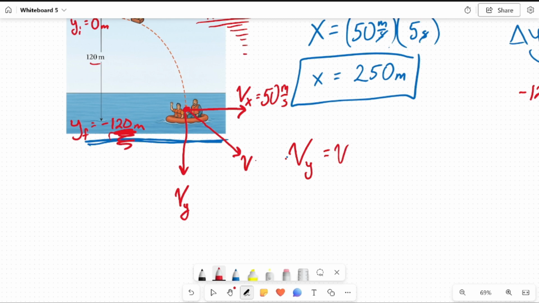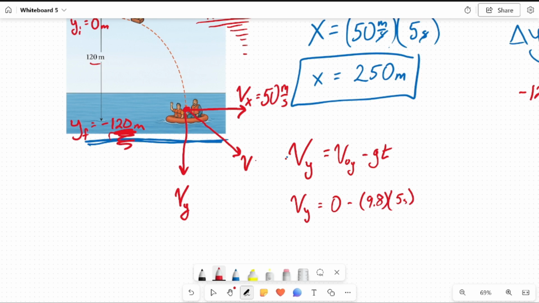I'm actually just going to do this, v_oy minus g t. You could also use plus a t, just of course substitute in there your negative 9.8. So here's what we got. v_y equals, I know v_oy is 0, minus g, which is 9.8, times 5 seconds for our time.